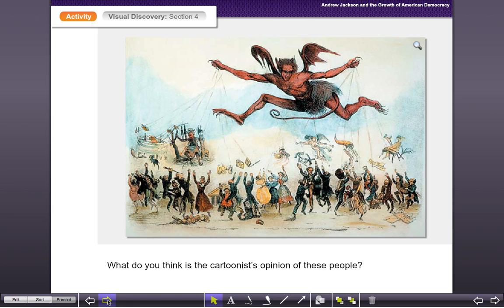Does he think that they're being used maybe? Do you think that they're trying to get Andrew Jackson? Think about what the cartoonist's opinion of these people might be, with this demonic character portrayed as Andrew Jackson holding things over their heads.